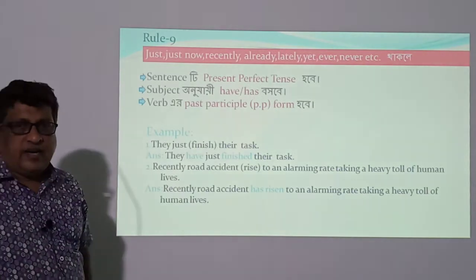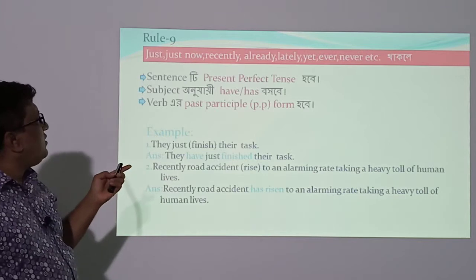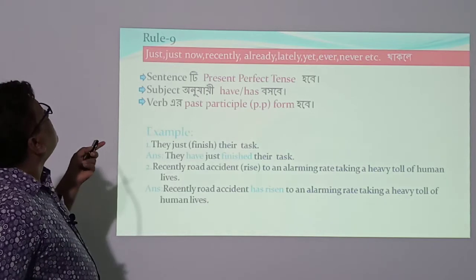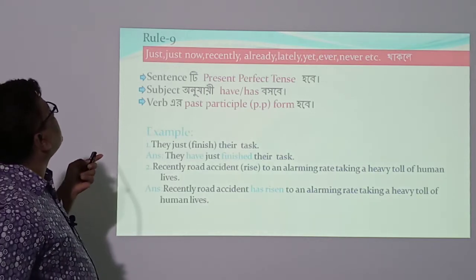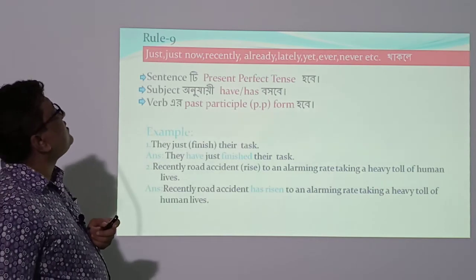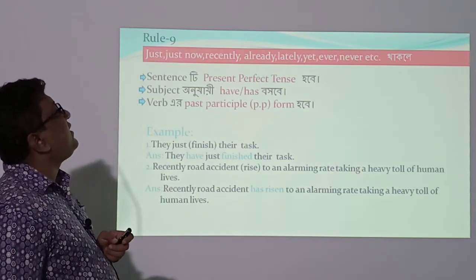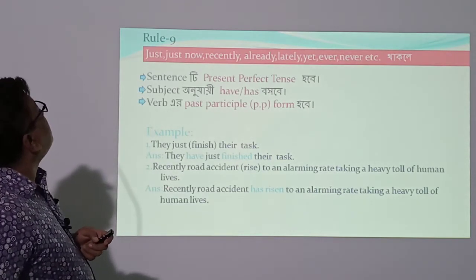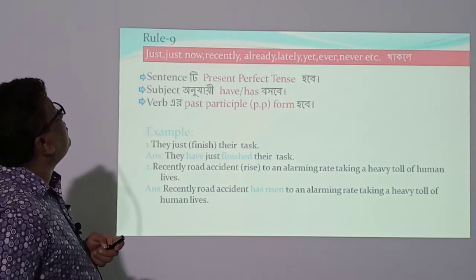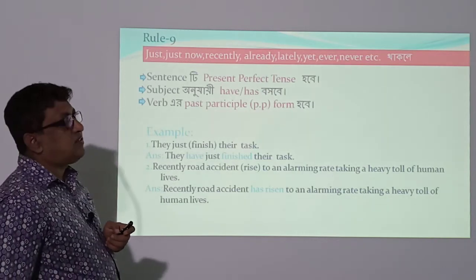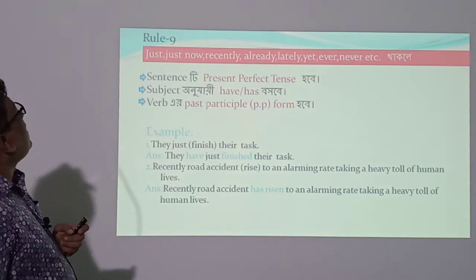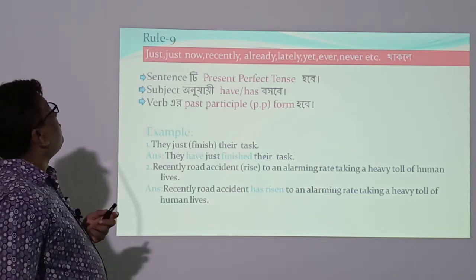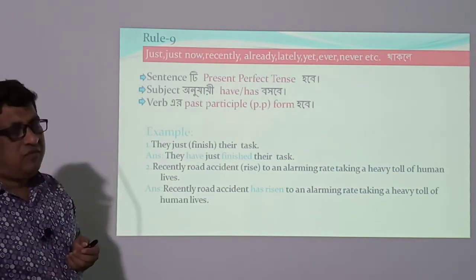Rule number 9, my dear student: if we notice the use of words such as just now, recently, already, lately, yet, ever, never, etc., then the sentence will be in the present perfect tense, where the subject will be followed by have or has, then the past participle form of the verb.